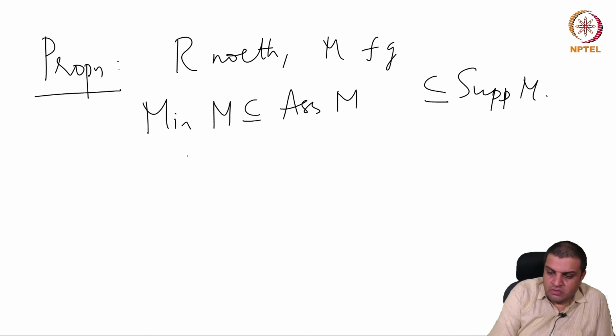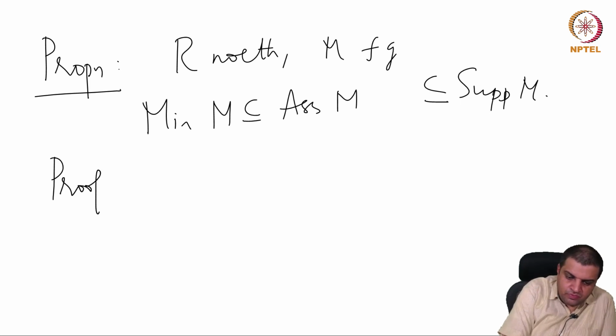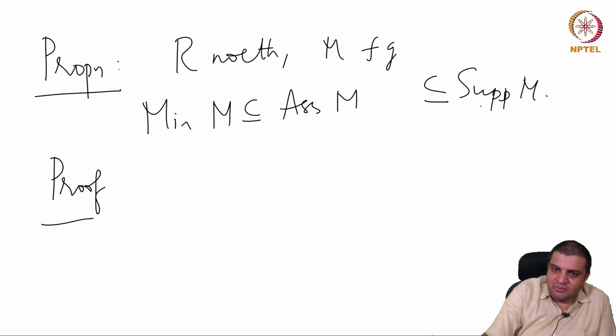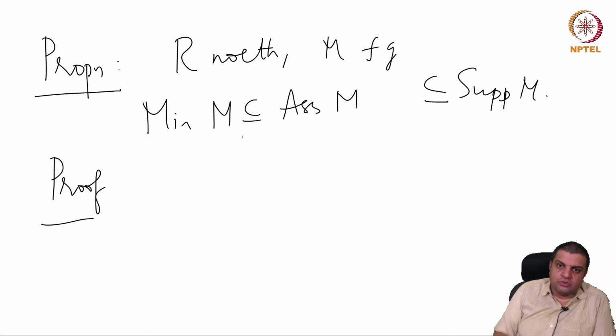So why? So let's prove these things. The minimal primes of the support are by definition the minimal elements of that. What we want to show is that minimal primes are associated to M.